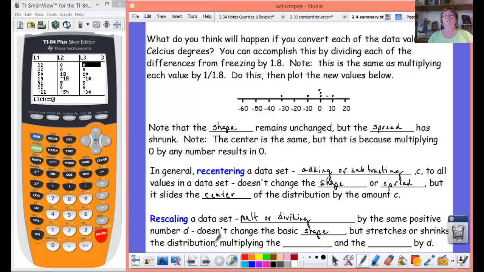But it stretches or shrinks the distribution, multiplying the center and the spread by a factor of D. We divided by 1.8, and that made us shrink. If you think about the multiplying of it, multiplying by a fraction will shrink the data set, and that's kind of what we did. All right, let's go on.